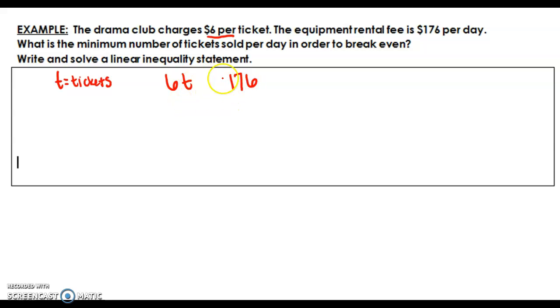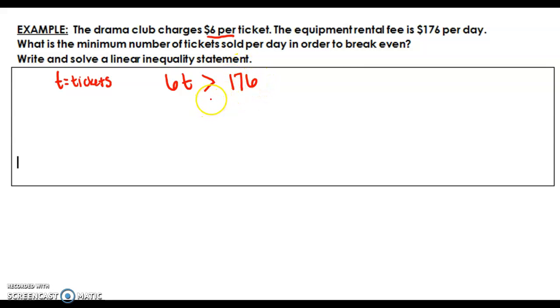So now I've got to determine what my inequality sign is going to be. Does the number of tickets being sold have to be greater than or less than 176? Well, it definitely has to be greater than, because we want to make money, right? We want our ticket sales to be more than what it costs us per day.